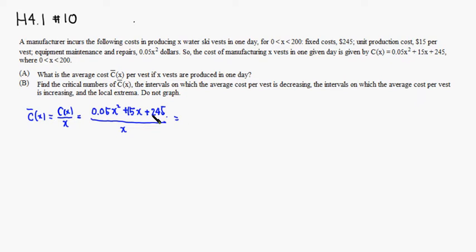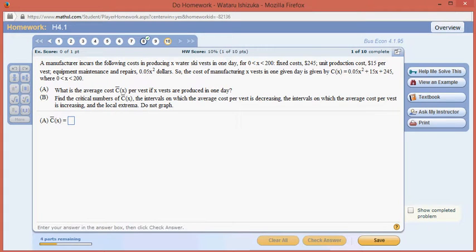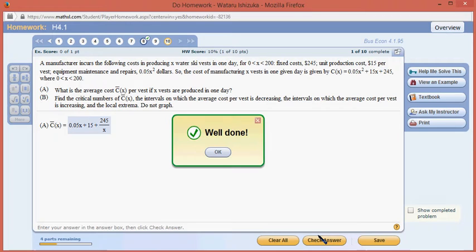Which is going to be simply 0.05x, and this divided by that is 15, then you have 245 over x. Let's type that in. So average cost is 0.05x plus 15 plus 245 divided by x.